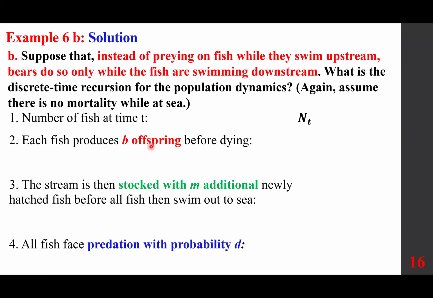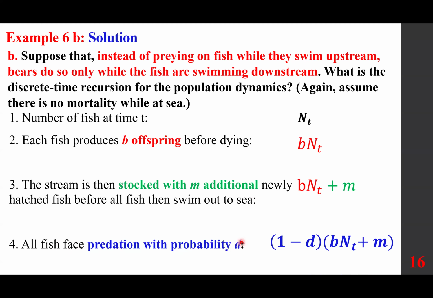Then each one gives us B offspring before dying, so B times N sub T. Then the stream is stocked with M additional newly hatched fish, so we add M: B N sub T plus M. Now, at the end, all fish face predation with probability D. So if D is 20%, 80% is left. So this times 1 minus D.